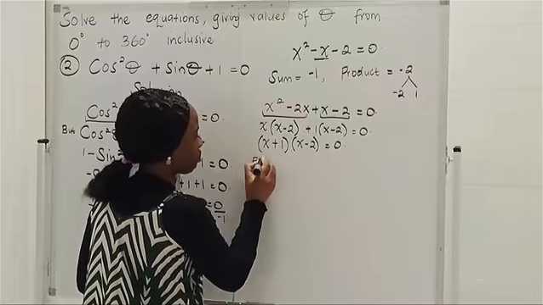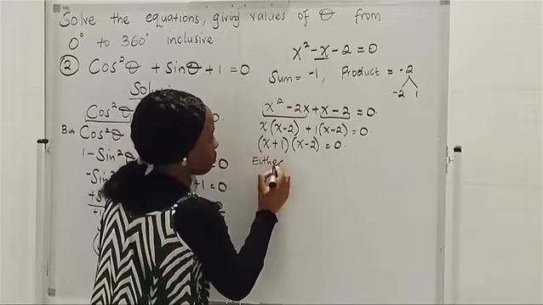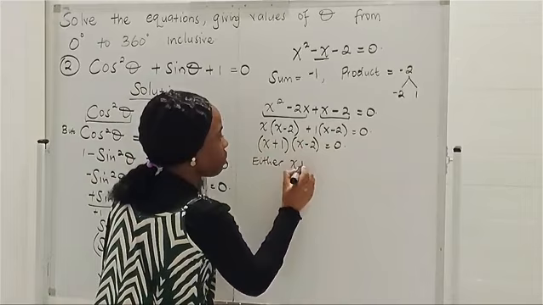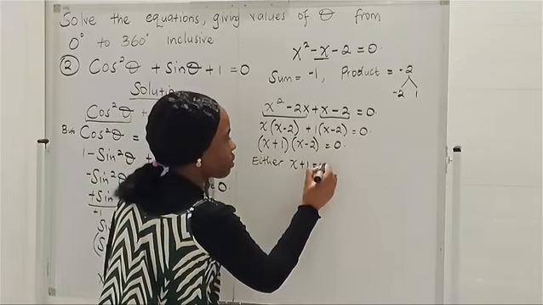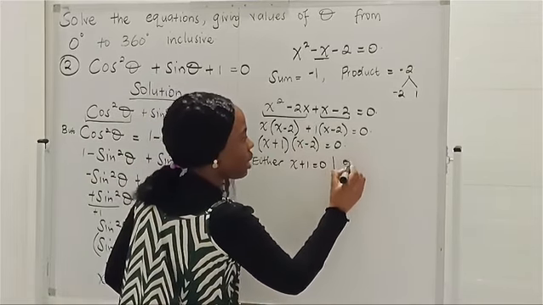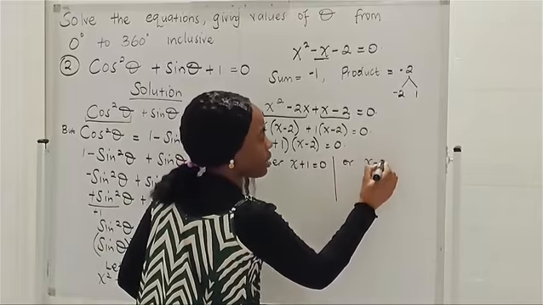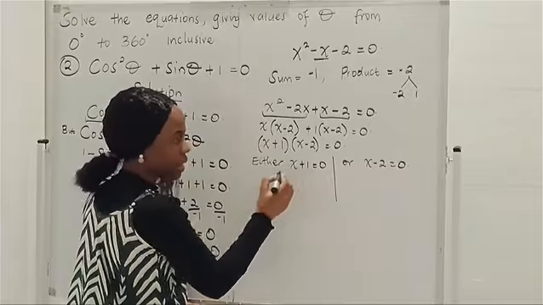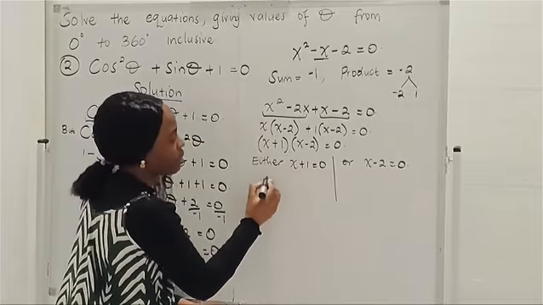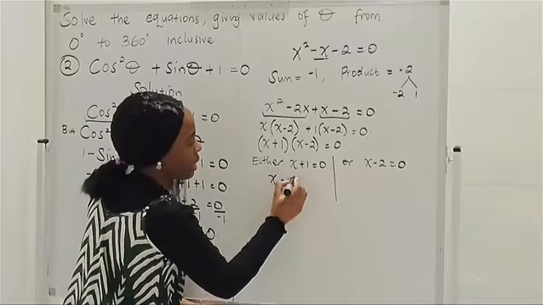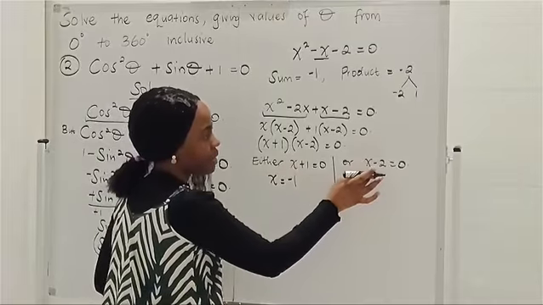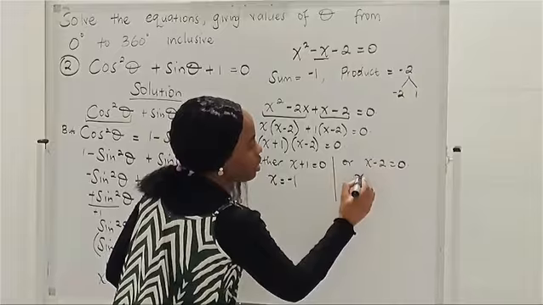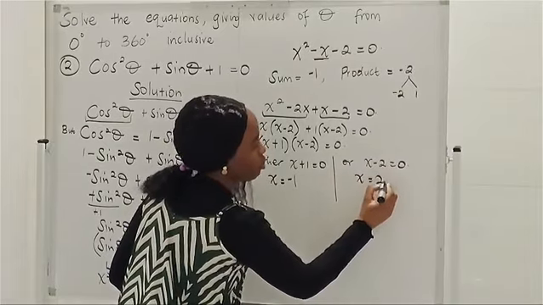So either x plus 1 is equal to 0, or x minus 2 is equal to 0. Now for x plus 1 equaling to 0, your x is going to be -1. For x minus 2 equaling to 0, your x is going to be 2.